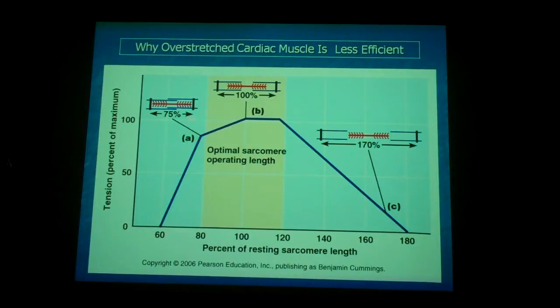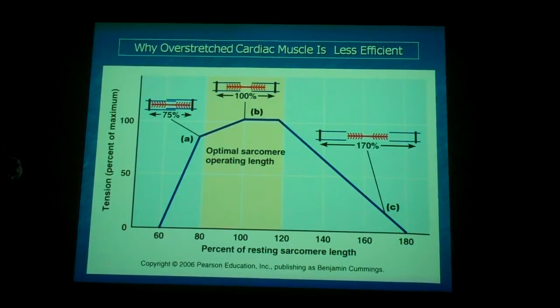You'll get better tension. You with me so far? But out here, if you stretch the muscle fibers too far, you separate the actin and myosin from each other, and you only have minimal contact of myosin heads with actin molecules, and your tension falls way off down here. The same thing happens in the heart.